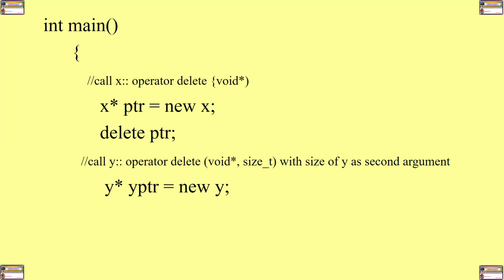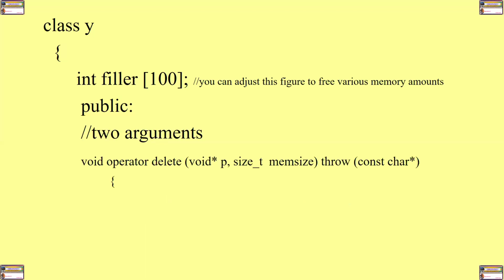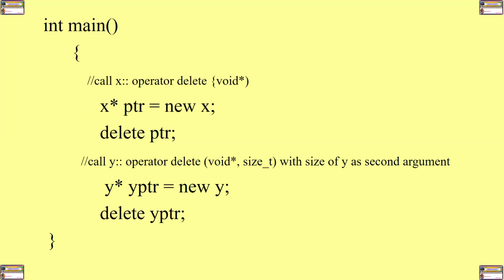Once this statement is invoked, then the compiler will go to the class called class Y, perform the tasks here, and then, of course, once this statement has been executed and completed, the control will be brought back to the main function, and then it will invoke this other function for delete.